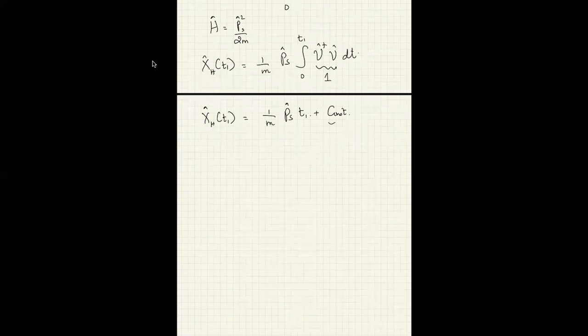So this constant has to be x0, which is the Schrodinger operator x. So I can write down the solution of X Heisenberg formally as 1 over m P Schrodinger times t1 plus x0.